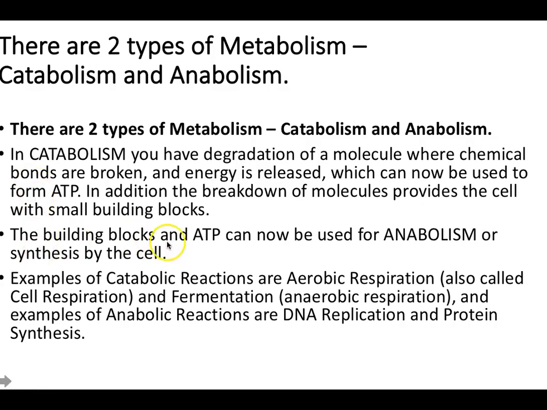So the building blocks and the ATP that you got from catabolism can now be used for anabolism or synthesis by the cell. So the examples: we're going to do aerobic respiration as an example of catabolism, fermentation, anaerobic respiration, another example, and synthesis or anabolic reactions are DNA replication, RNA transcription, and protein translation.